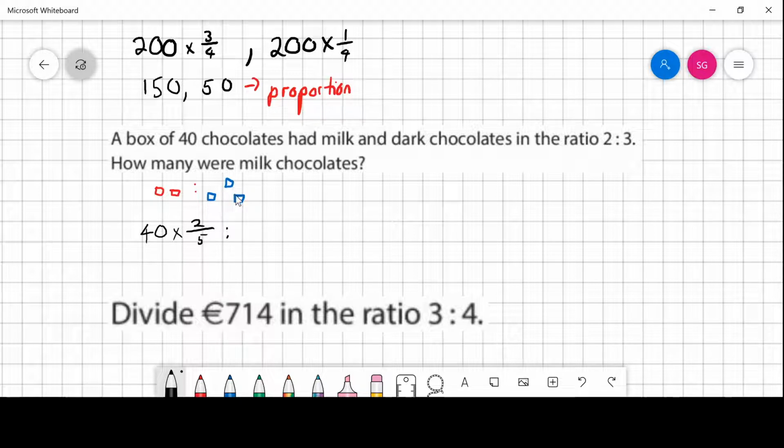And then for the dark chocolates, we're going to go 40 multiplied by 3 over 5, 3 dark chocolates for every 5. Again, if you just plug that into a calculator, you should get a fairly straightforward answer. They will be 16 and 24, if I'm doing that correctly off the top of my head.